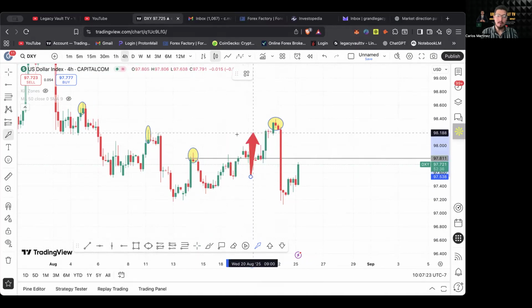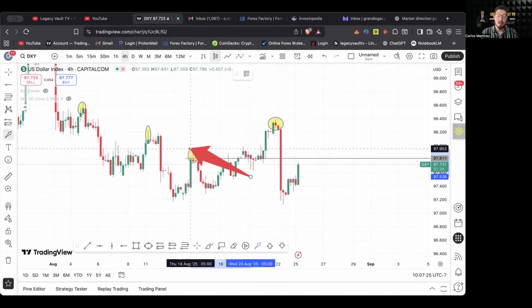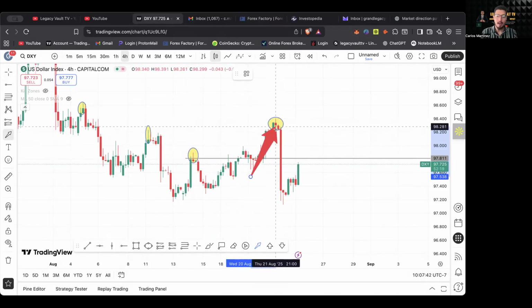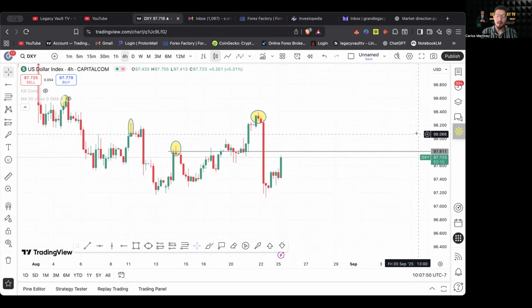So when you see this change of structure, this break of structure, it resulted in price breaking up above this lower high to create a higher high. And now it's a breakout structure and it came back to retest. And we'll talk about retest in a moment here.